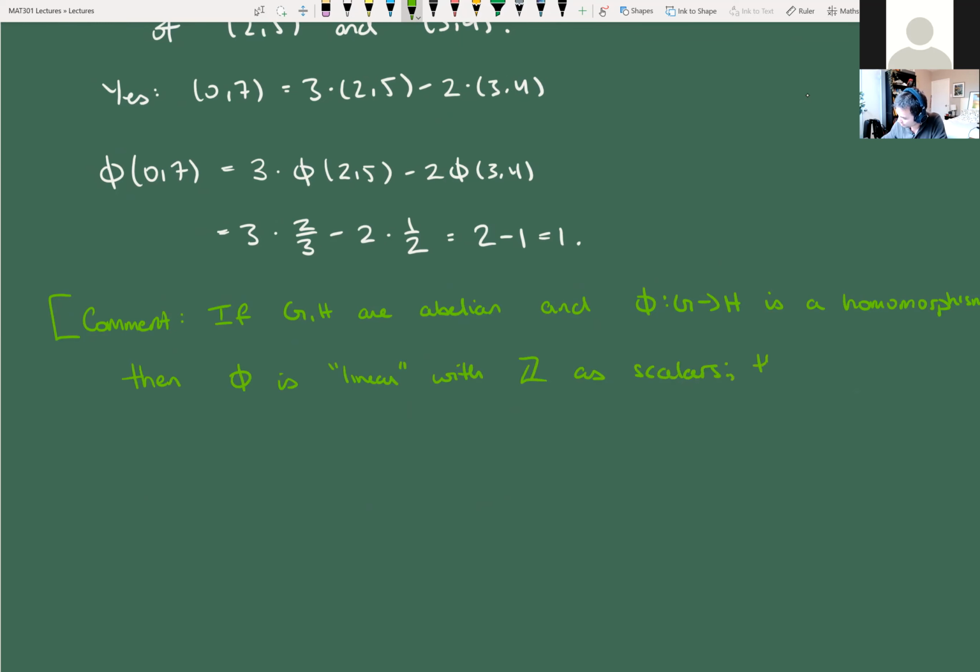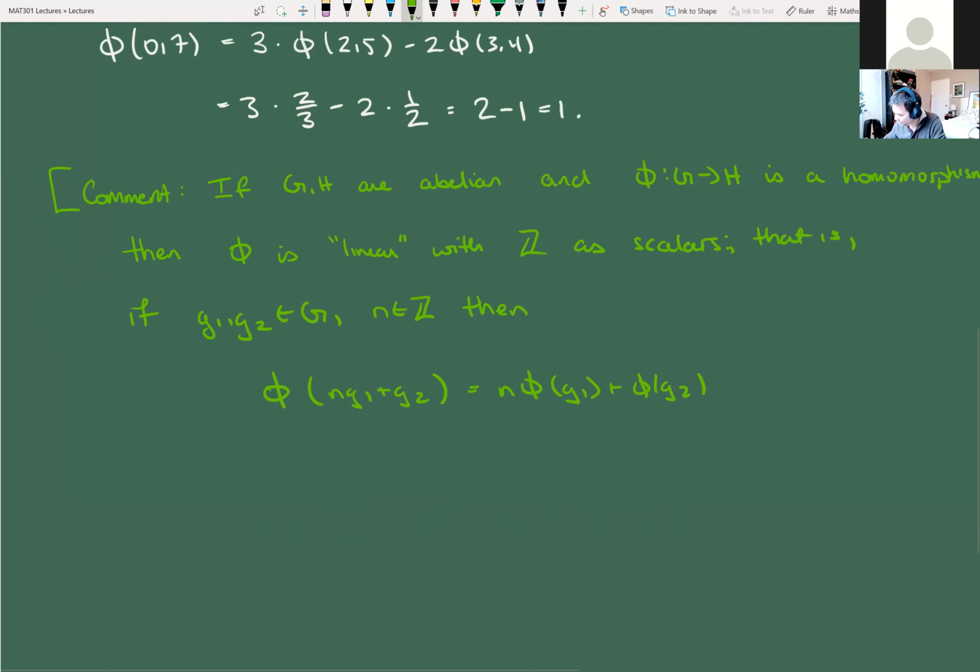So what I mean by that is if G1 and G2 are in G and n is in Z, then we have phi of n(G1 plus G2) is equal to n times (phi G1 plus phi G2).